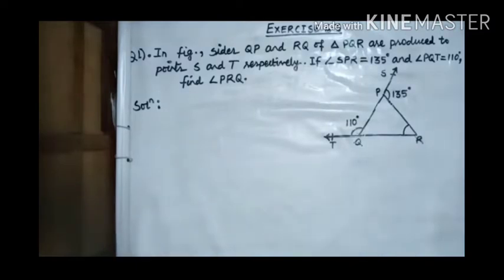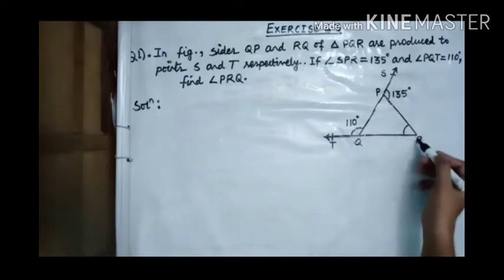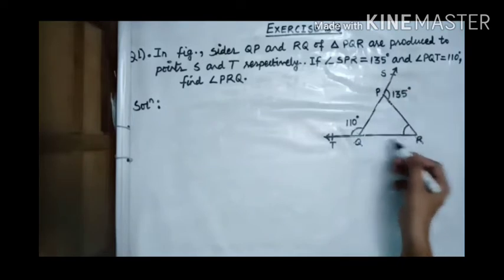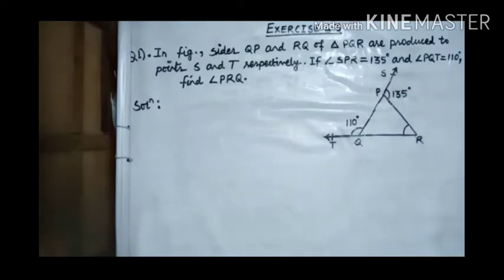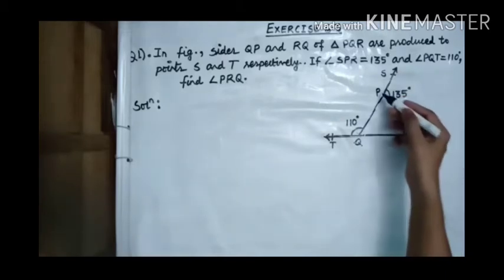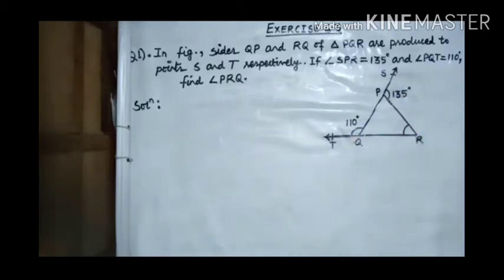In this figure, as side QP and side RQ of triangle PQR are produced to point S and point T respectively, obviously two exterior angles like SPR and angle PQT are formed.